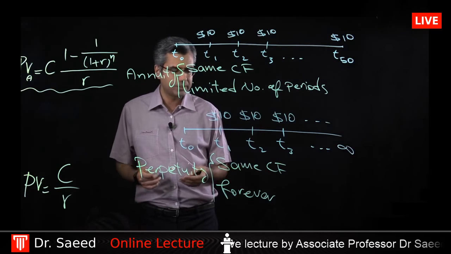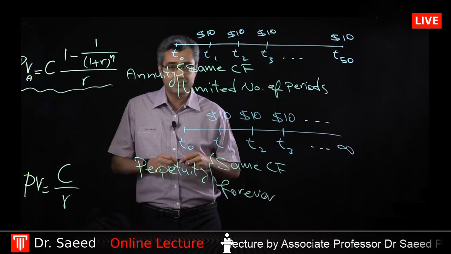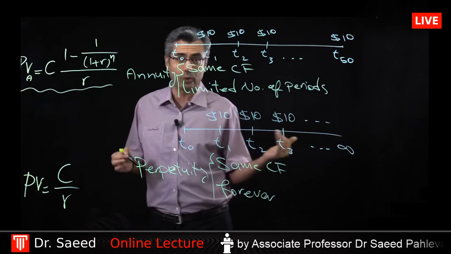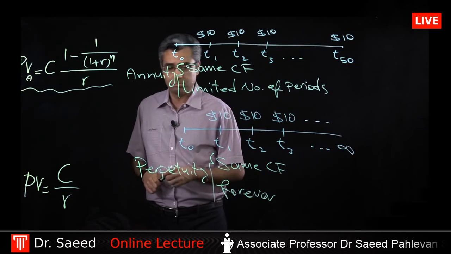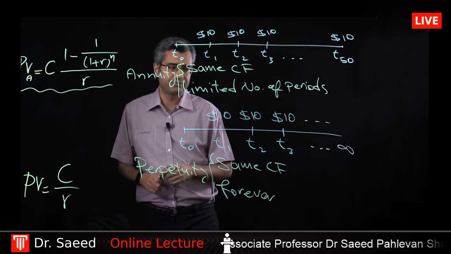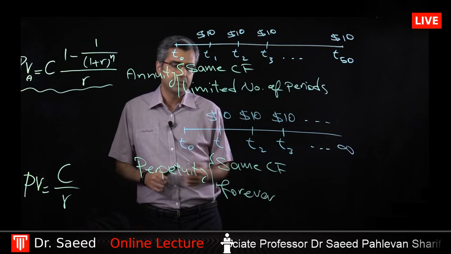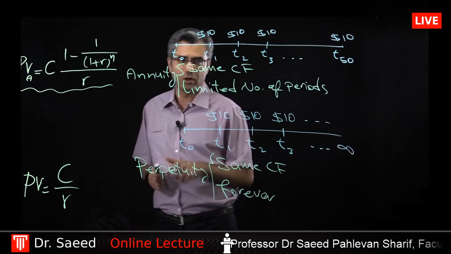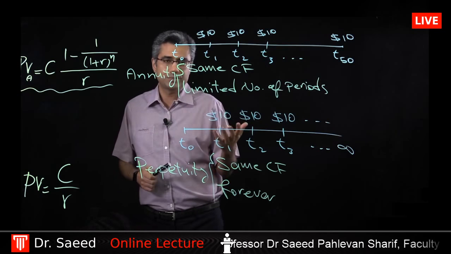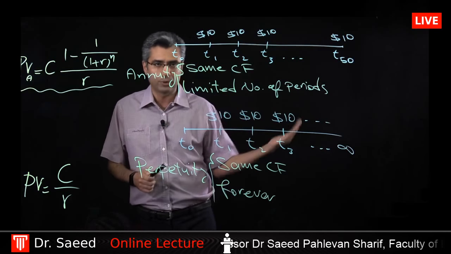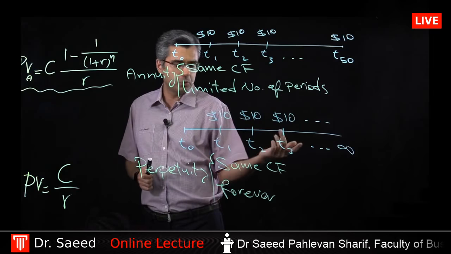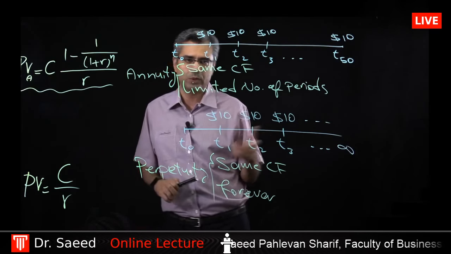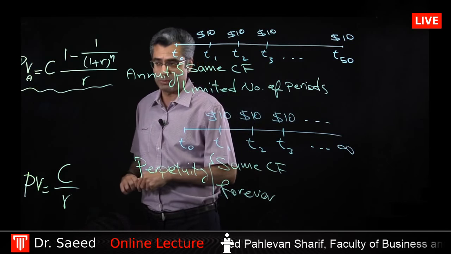For example, we expect preferred stocks to pay us the same dividend forever. Later we will discuss preferred stocks. Assume that a preferred stock pays you a $10 dividend forever, and suppose the interest rate is 10%. You just divide 10 by 0.1, so the present value will be $100.